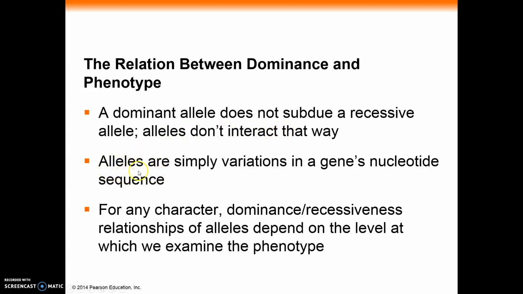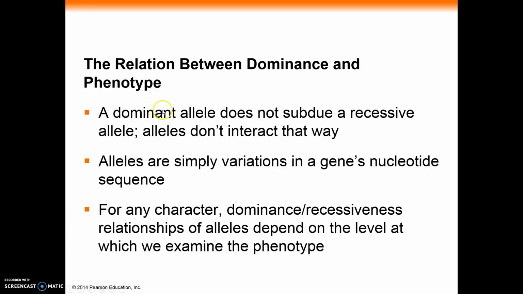So when we say an allele, we're simply talking about a variation in the gene nucleotide sequence that is going to lead to a change in the amino acid sequence of some type of protein. And when that happens, both of those proteins are made, whether it's functional or non-functional or has altered activities.